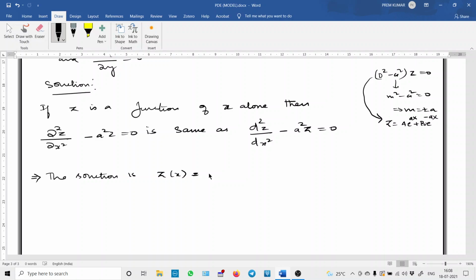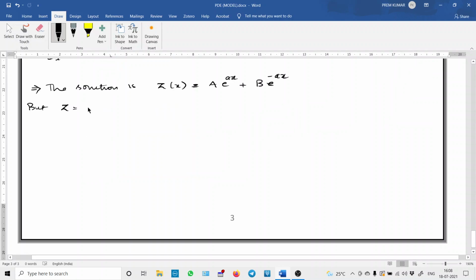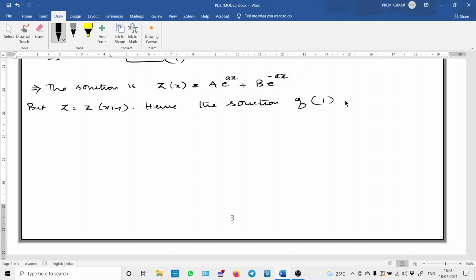But our z is always a function of two variables. Hence, the solution of equation 1, the given partial differential equation, is obtained by replacing this A and B by some functions of y.